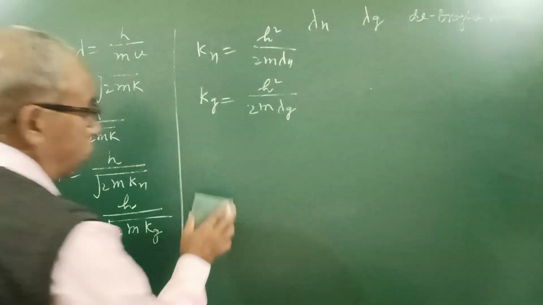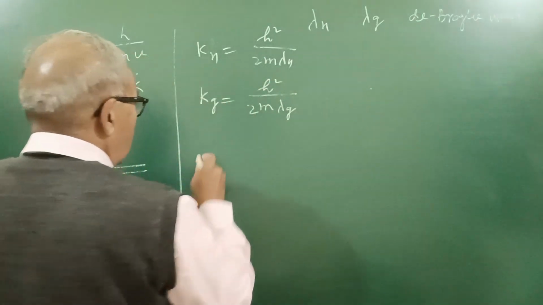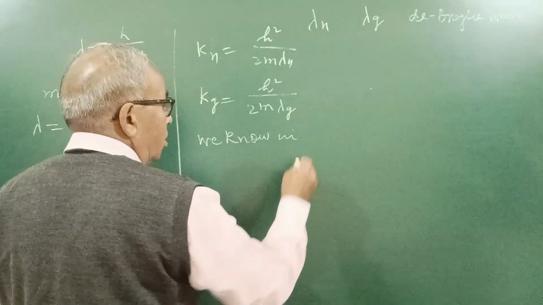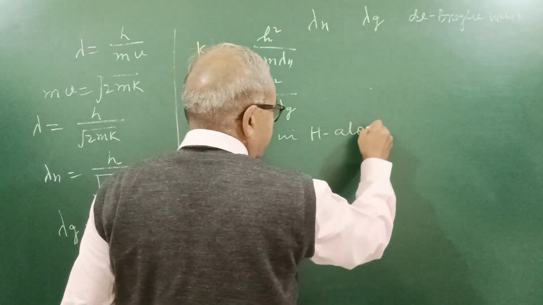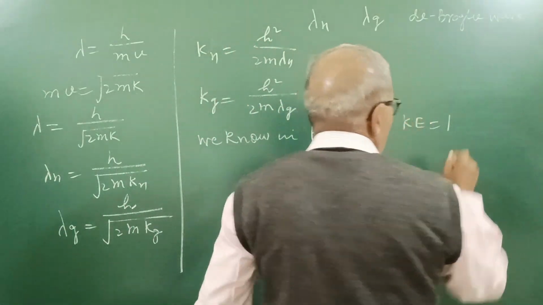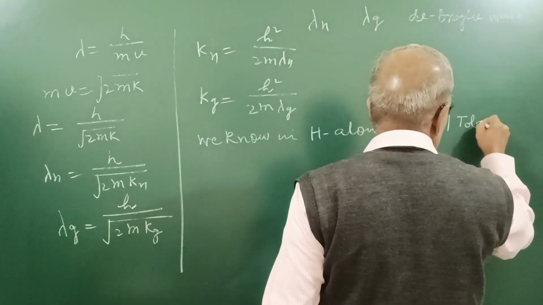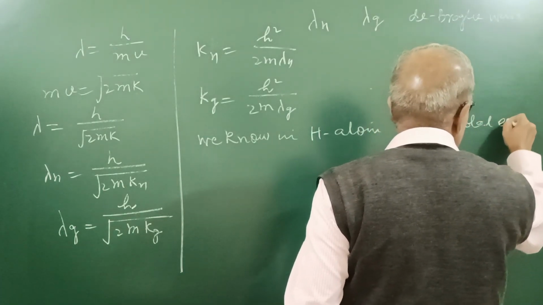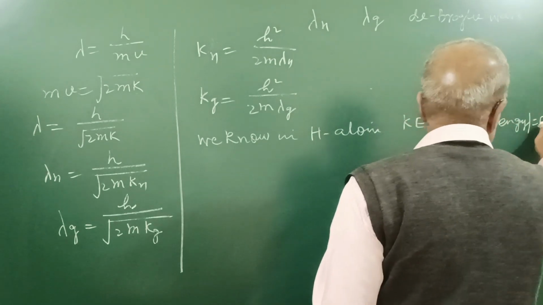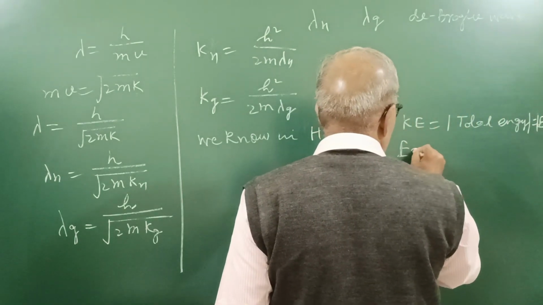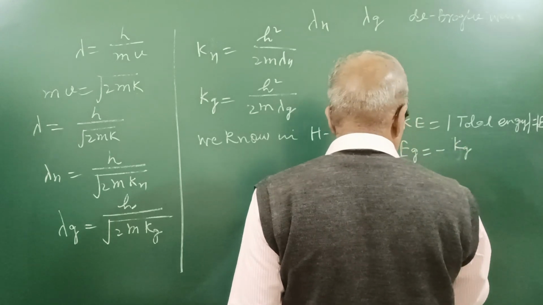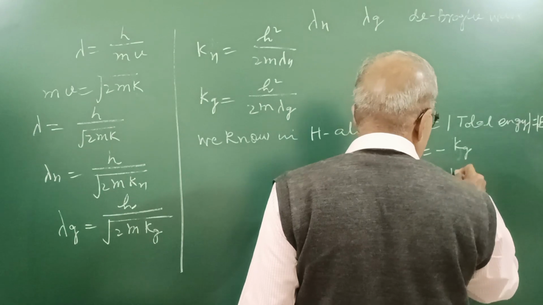And we know in hydrogen atom kinetic energy is equal to modulus of total energy, that is modulus Eg, so Eg is equal to minus Kg and En is equal to minus Kn.